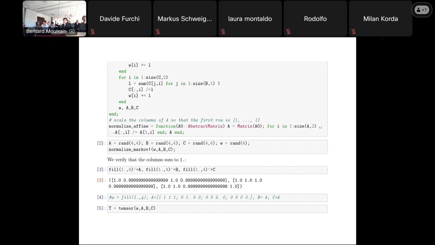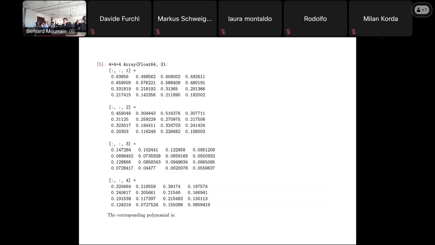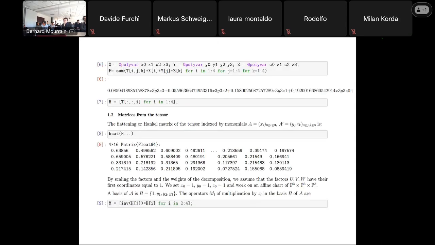We have random matrices A, B, and C. These are the factors, these are the Markov matrices. We normalize them to get Markov matrices, and we compute the tensor, which is obtained from the sum of tensor products of columns of the different matrices. So this is the tensor. Okay, so we have slice 1, slice 2, 3, and 4. It corresponds to the polynomial which is here.